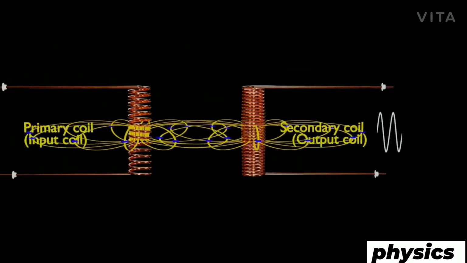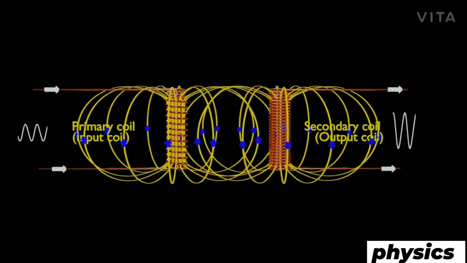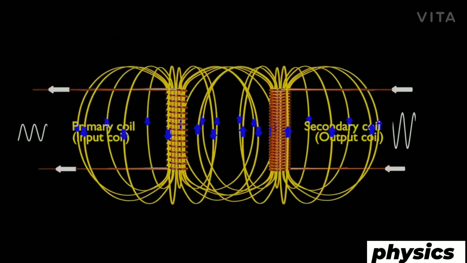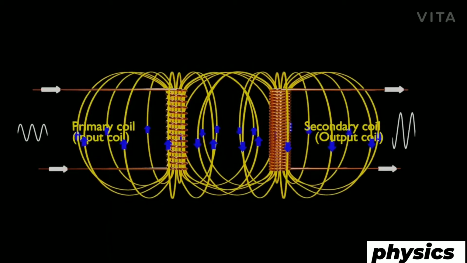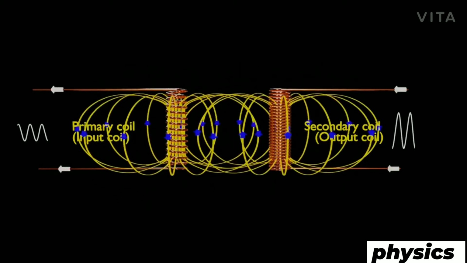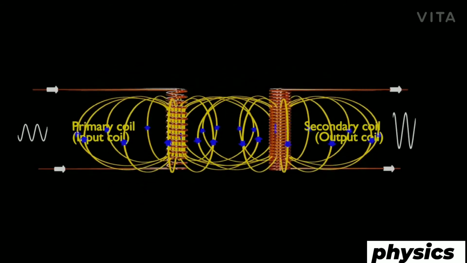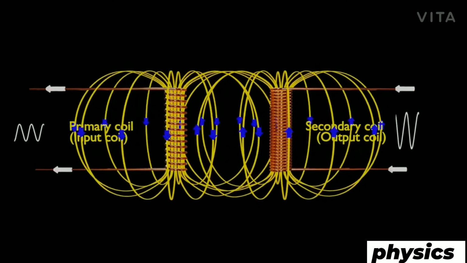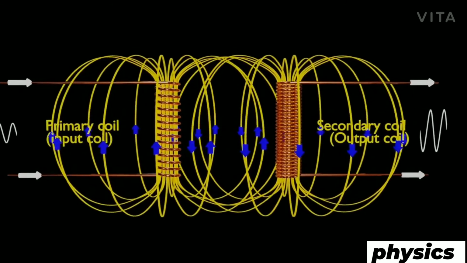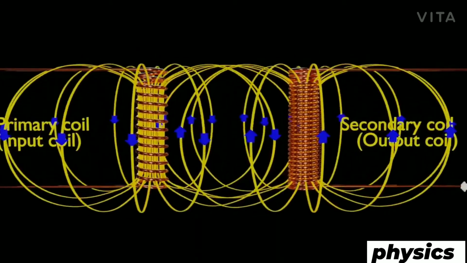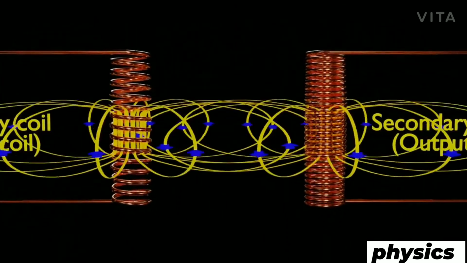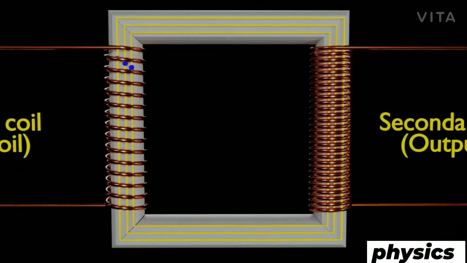As we can see in this animation, the magnetic field lines of the primary coil are not linking perfectly with the secondary coil. Therefore, the energy of the magnetic flux is getting wasted. That's why, for holding all the magnetic field lines produced by the primary coil and linking them to the secondary coil, we use a soft iron core.